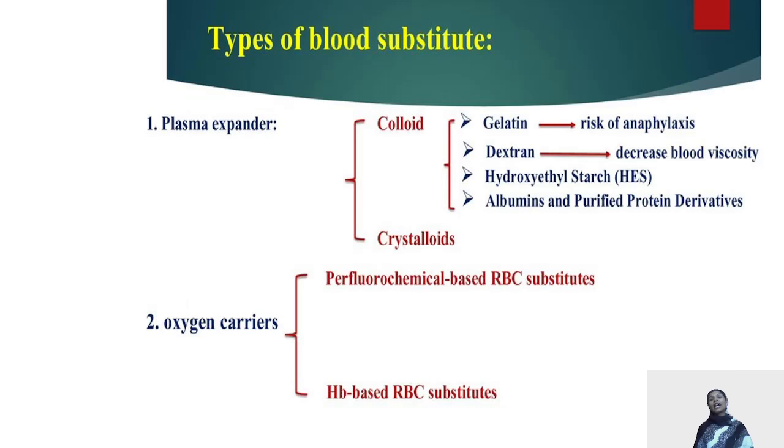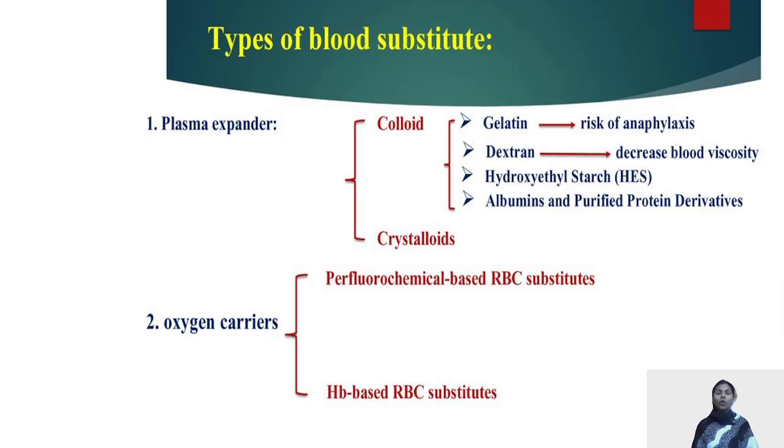Then you can have types of blood substitutes. You have to remember that there are two kinds of blood substitutes. One is something that is going to increase the intravascular space, a volume expander, like your colloids and crystalloids. The colloids could be your gelatin, dextrans, hydroxyethyl starch, and albumin.